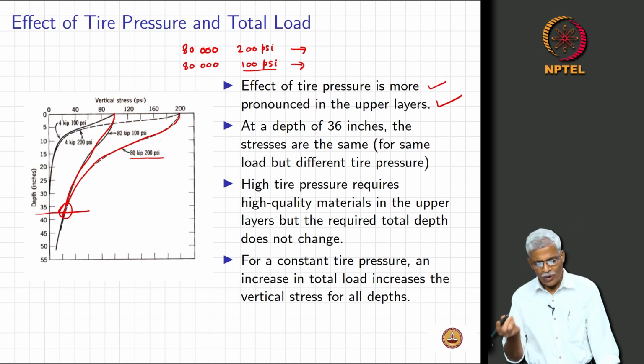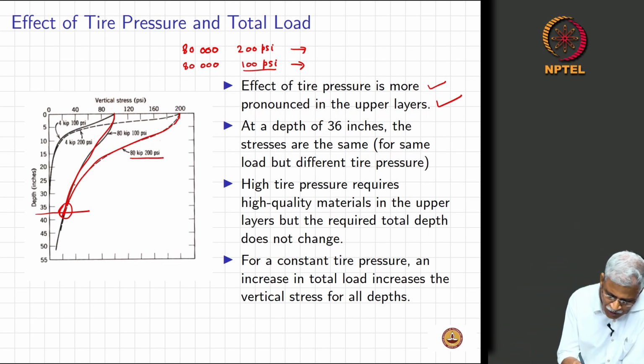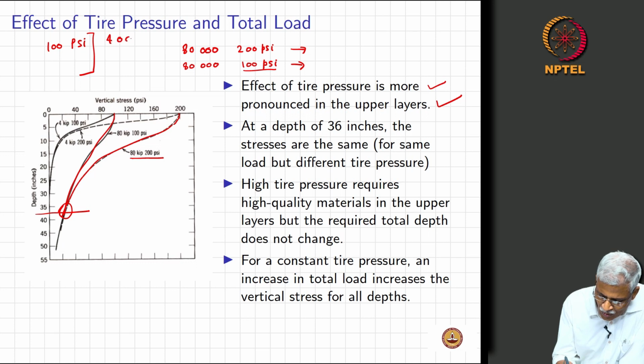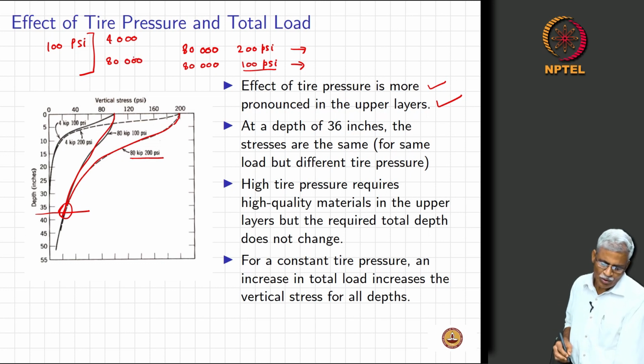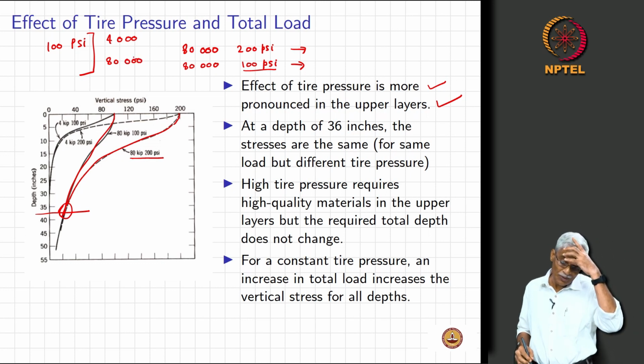Now, you can look at it in a slightly different way. Let us look at 100 psi, where one is 4,000 pound and another is 80,000 pound. You can also look at it in that particular way.